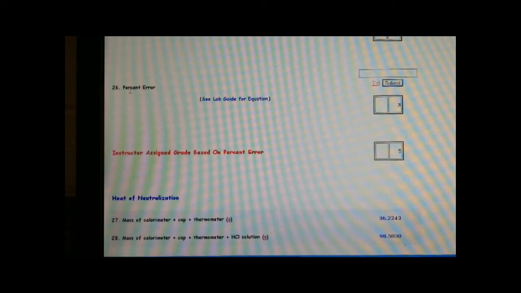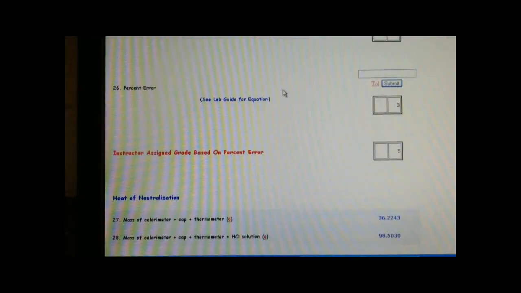For the percent error, it says to see the lab guide for the equation. In the notes that I sent, I said to use 334 joules per gram as the true value. Okay, so we want to find the percent error.